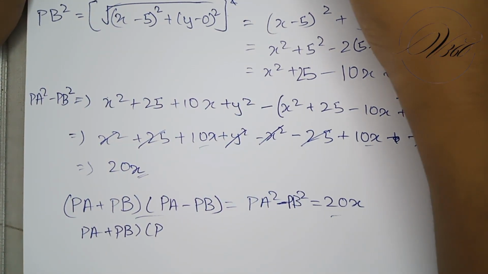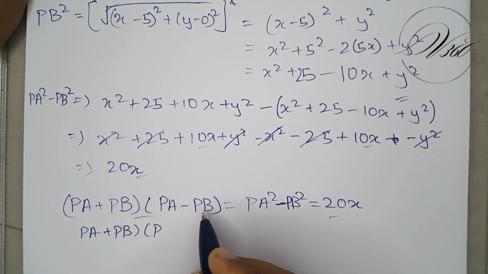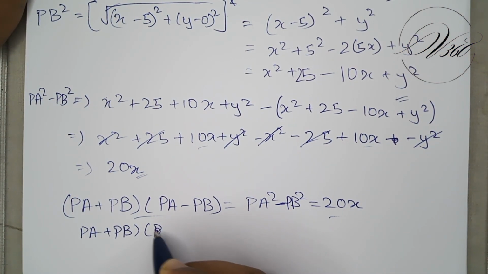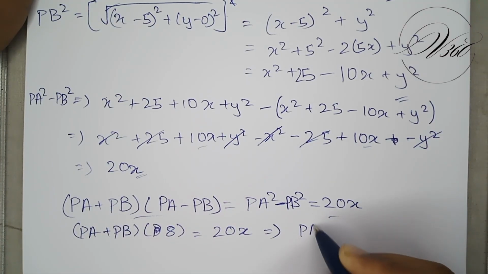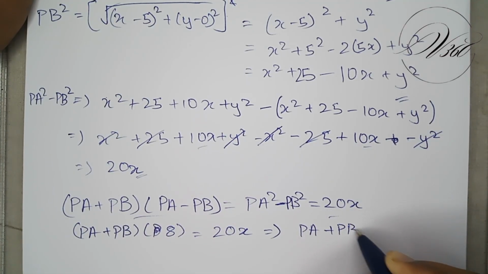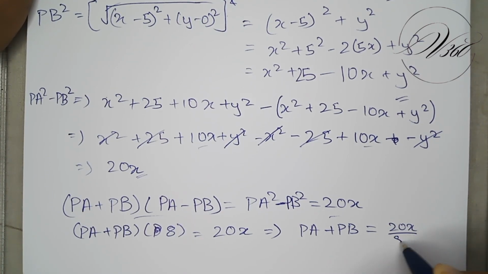I'll show you afterwards, but now here PA minus PB by the given condition is 8, which is equal to 20x. Now it implies that PA plus PB is equal to 20x by 8.